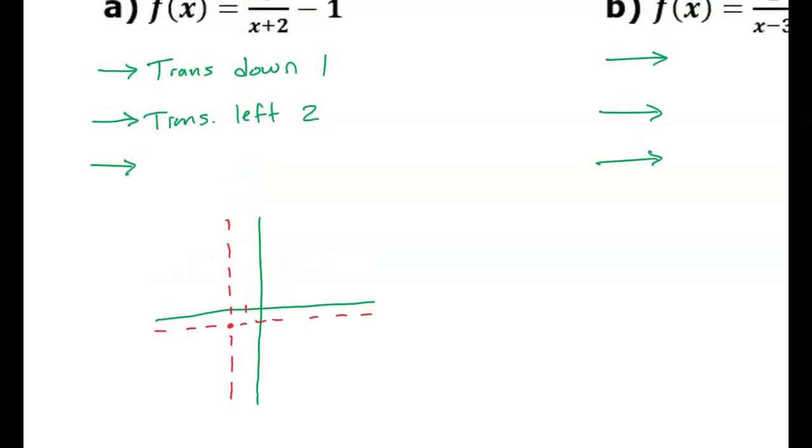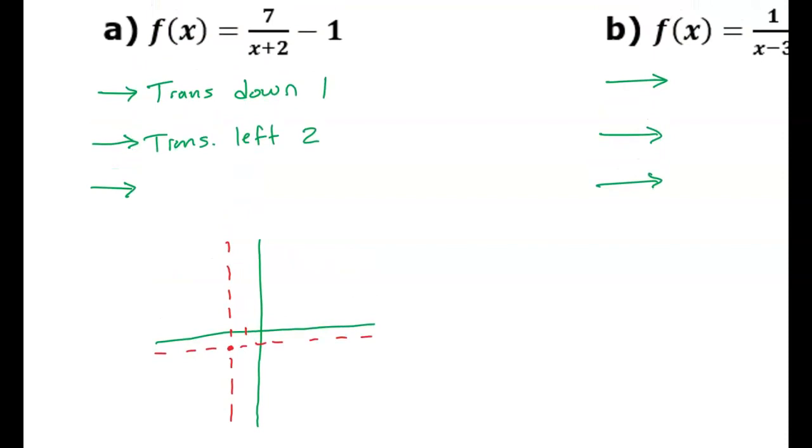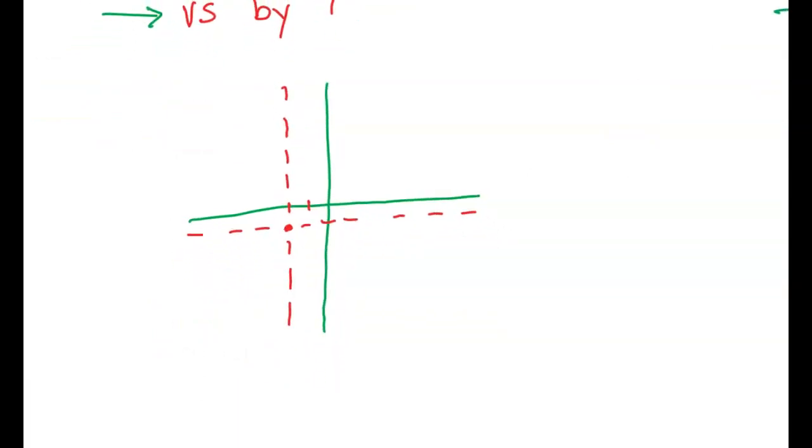Now, what's the only other piece of information we have? The stretch by 7. Vertical stretch by 7. How do I use this to actually draw the curves of my graph? Does the vertex go more towards the vertical asymptote?